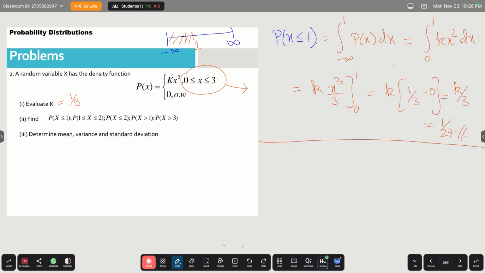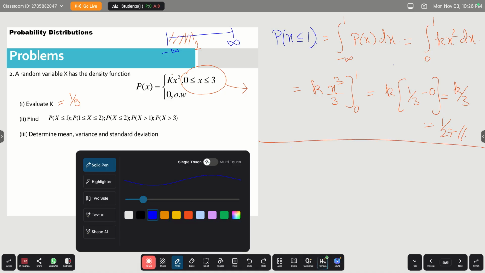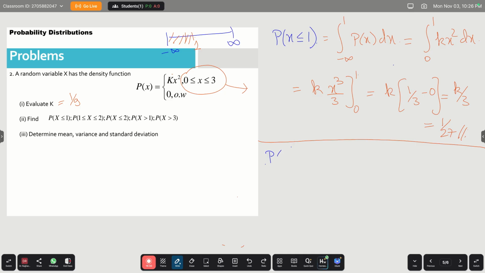So let me take the second problem. The second problem is the probability from 1 to 2. I will not repeat the integration steps again. These are all the same, only applying the limit is different. Instead of 0 to 1 we have 1 to 2 now. So kx cube by 3 is the integration, because the previous steps are the same.